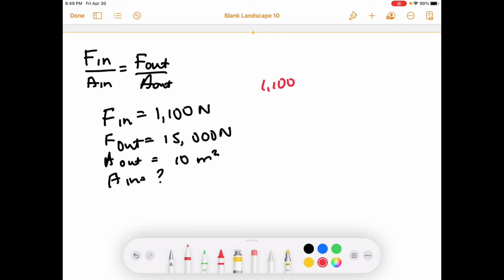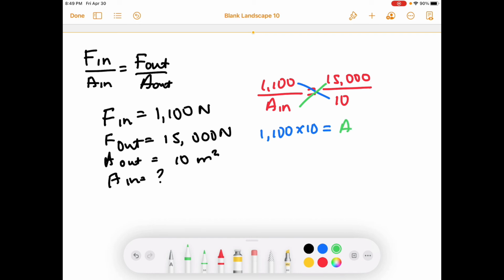All right, so let's plug this in. Fn is 1,100 over An, which we don't know, equals F out, which is 15,000 over 10 meters squared. Again, we are going to cross multiply and see what we get. 1,100 times 10 equals An times 15,000.